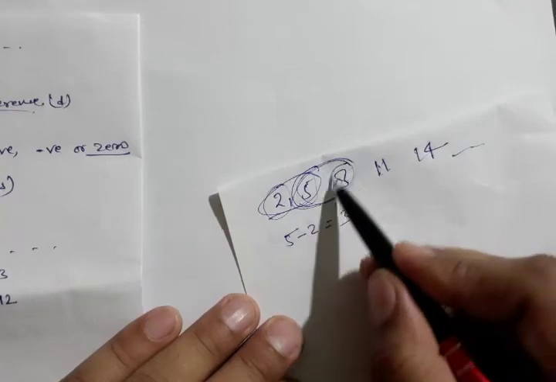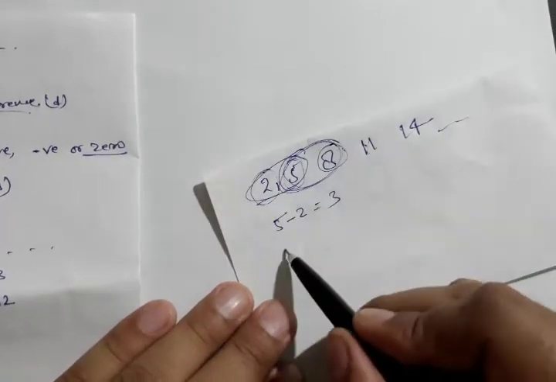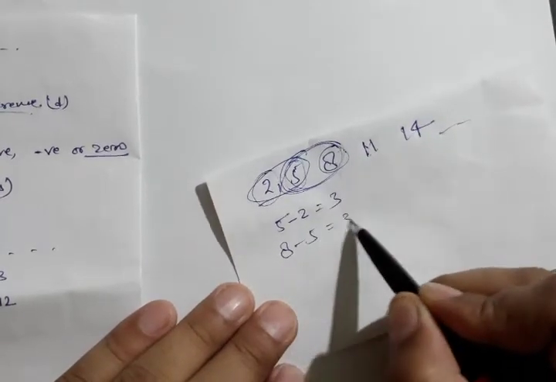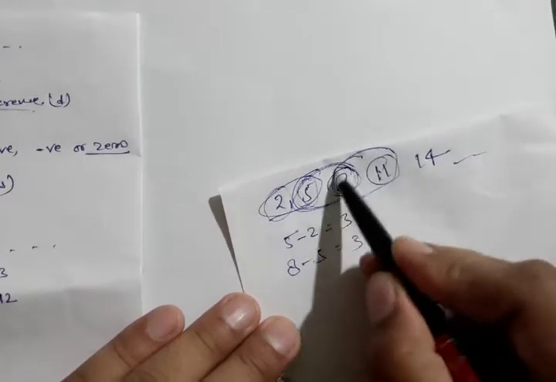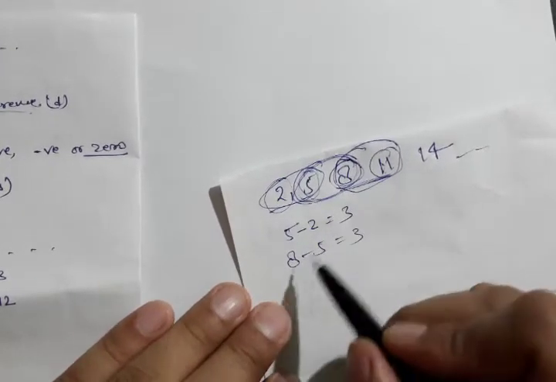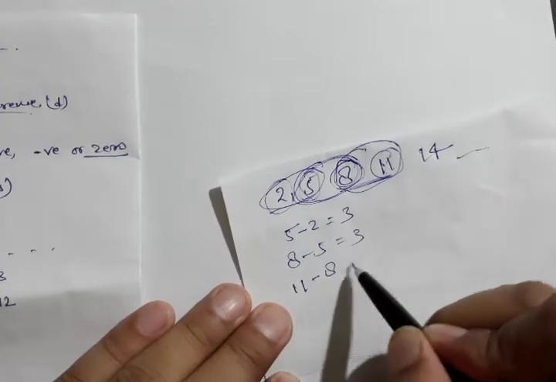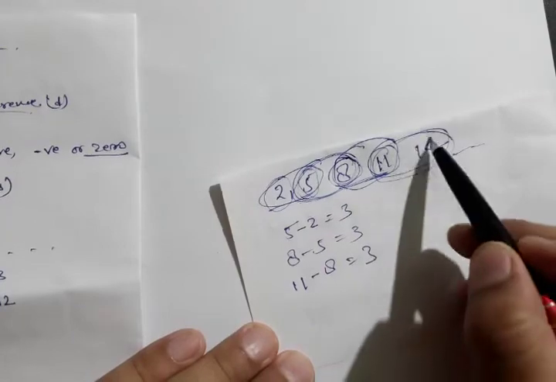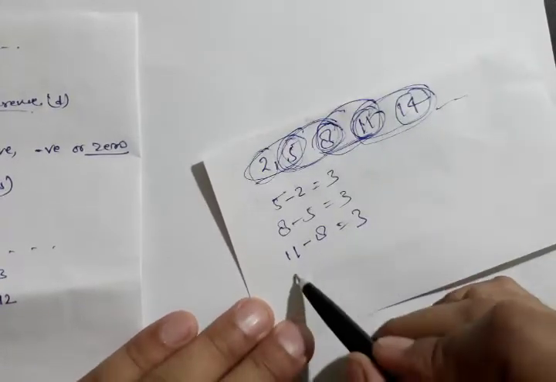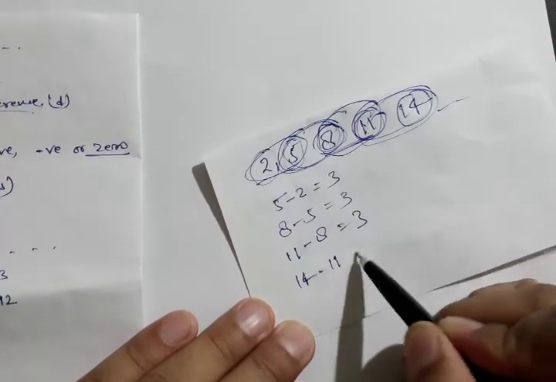Succeeding is 8 and preceding is 5. So 8 minus 5, again 3. You take these two: succeeding 11 and preceding 8. So 11 minus 8, again 3. Every time we are getting 3. Out of these two, this is succeeding and this is preceding. So 14 minus 11, again 3.